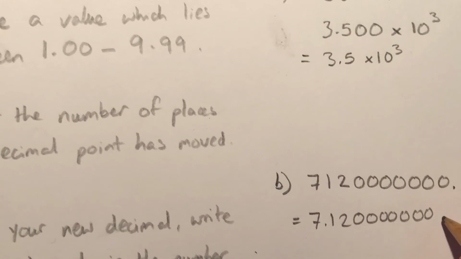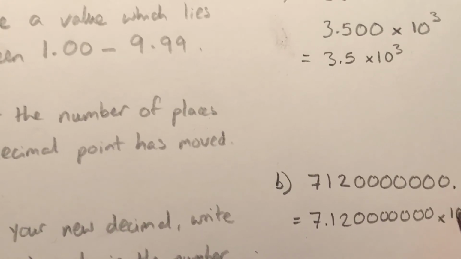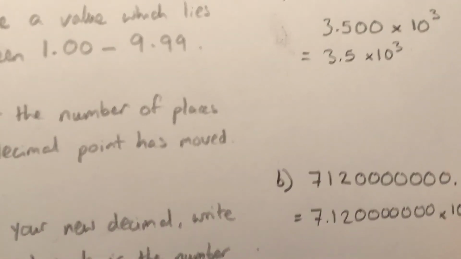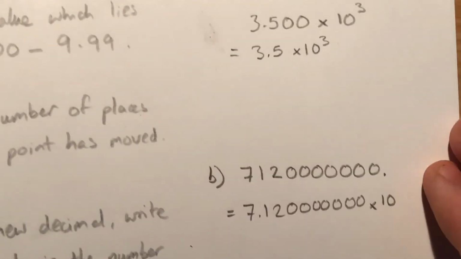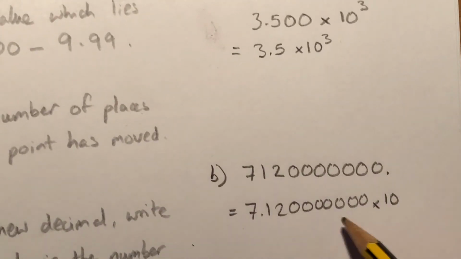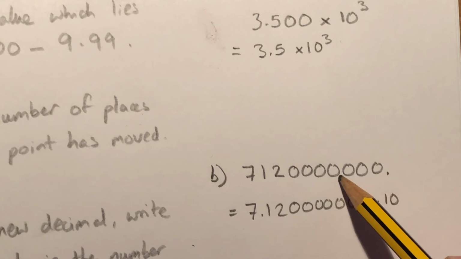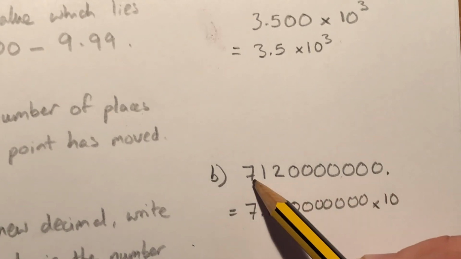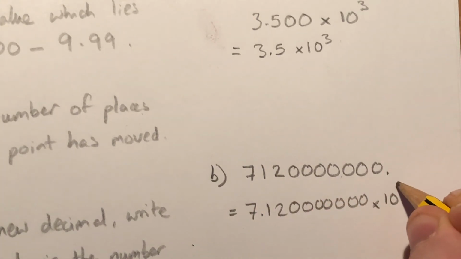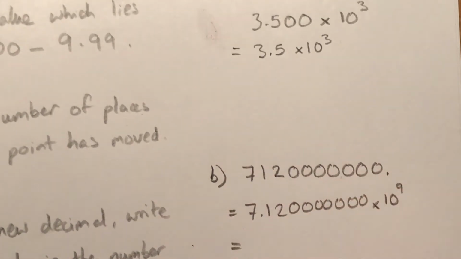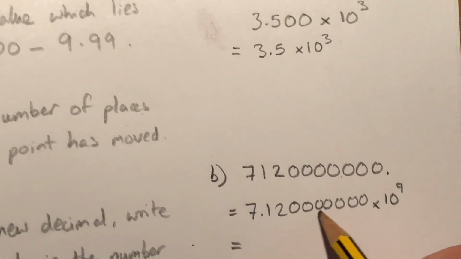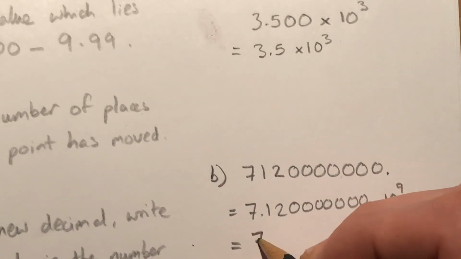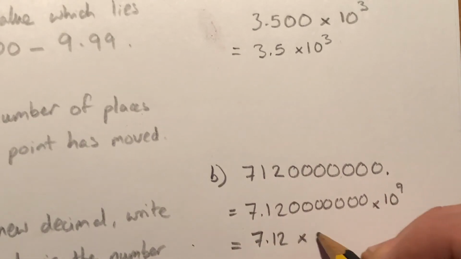This is times 10 to the power of, well, it's moved 3, 6, 9 places. So it's times 10 to the power of 9. And then we can get rid of any excess zeros that we don't need. So all of these 7 zeros can disappear. 7.12 times 10 to the power of 9.